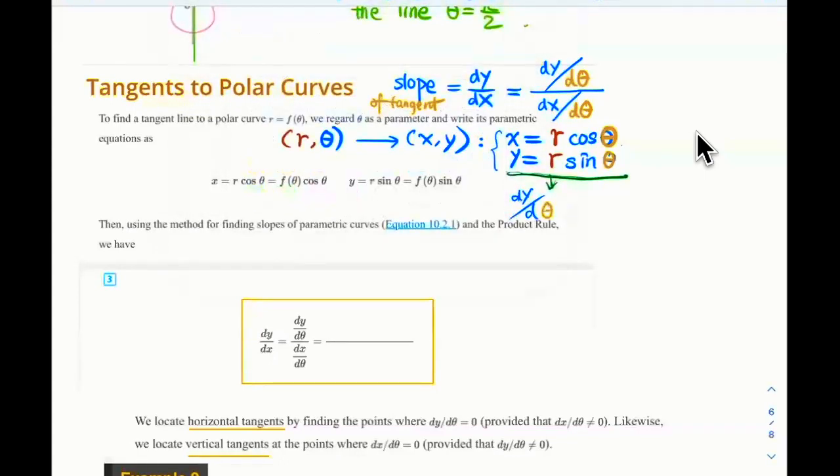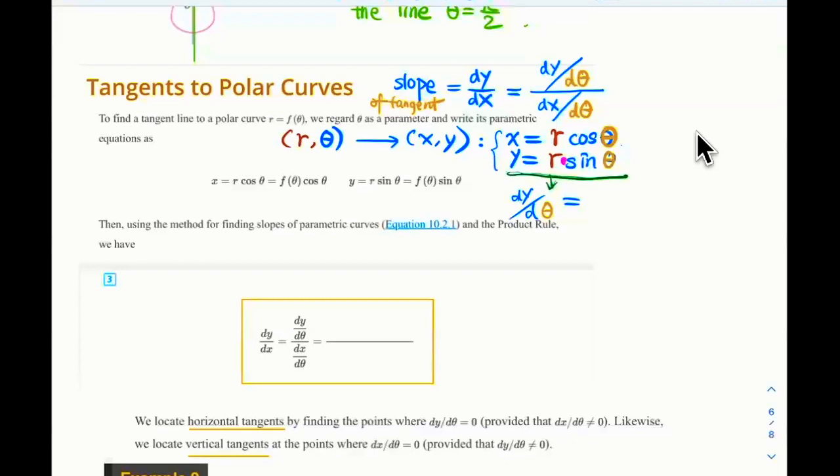What kind of rule do I need to use in order to differentiate this with respect to θ? It's a product rule, right? This is a product, this one times this one. This is a function of θ, and this is also a function of θ. So we use the product rule.